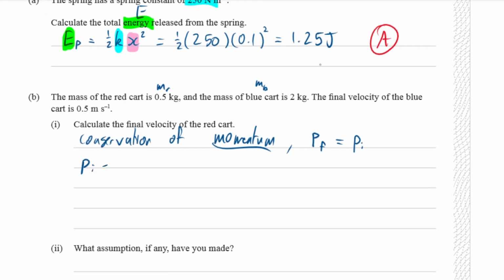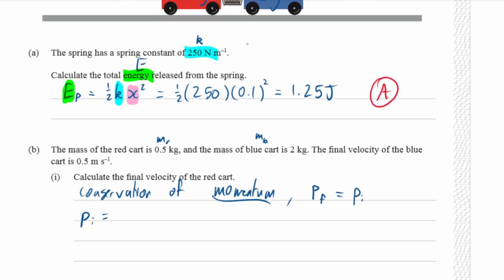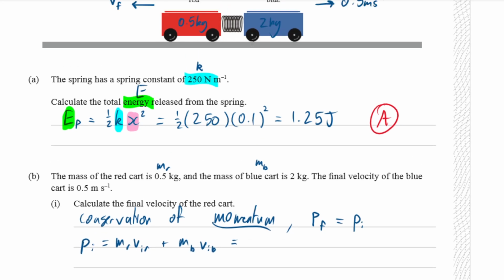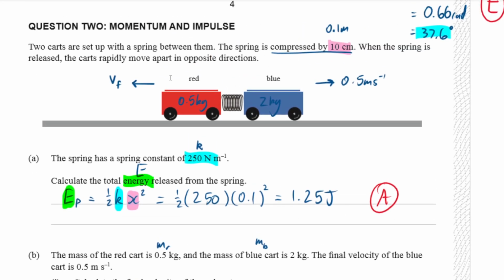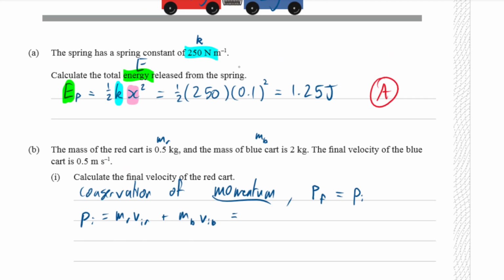So PI, the initial momentum, is the mass of the red car times its initial velocity, VIR. Added to that is the mass of the blue car times its initial velocity. And this one's super easy since they're starting at rest. Right, we are assuming that, but starting at rest, the initial momentum would be 0 kilogram meters per second.